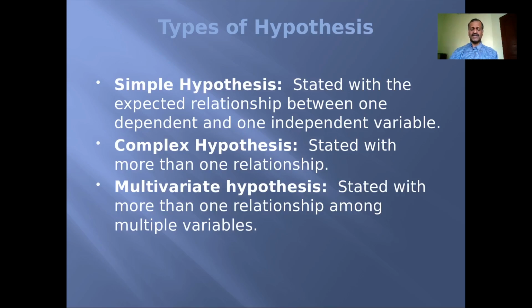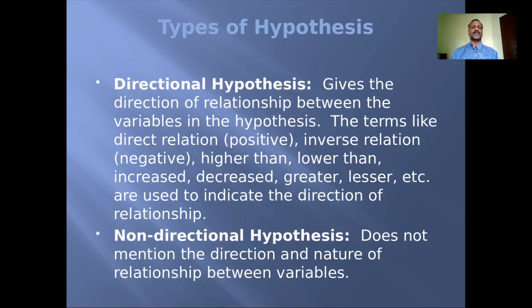Again, we'll see another type of hypothesis: directional hypothesis versus non-directional hypothesis. A directional hypothesis, as the name indicates, gives the direction of the relationship between the variables in the hypothesis. It's not simply saying that there is a significant relation.